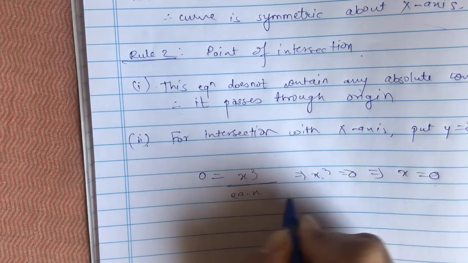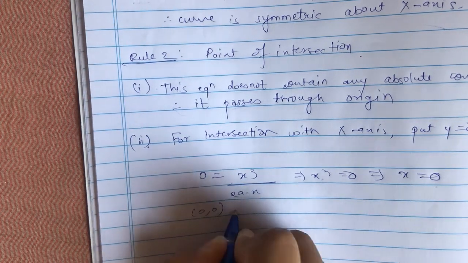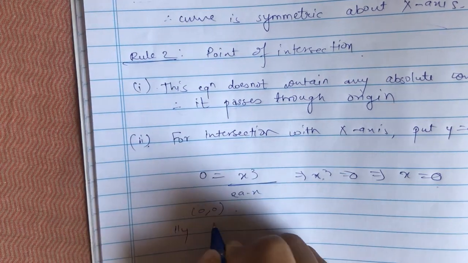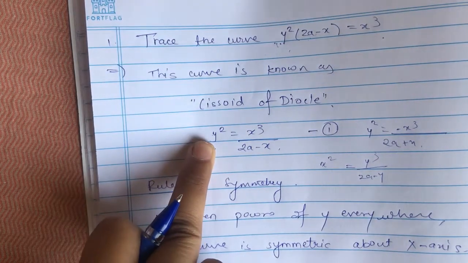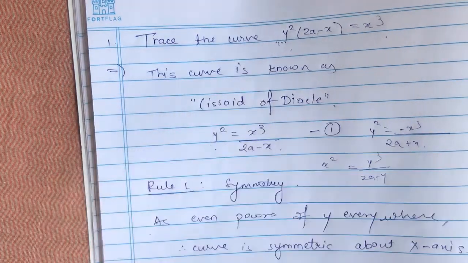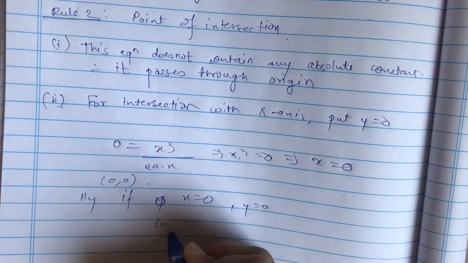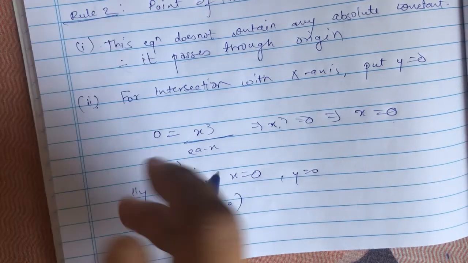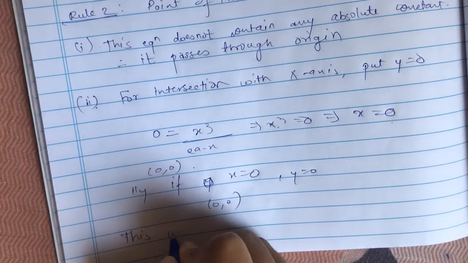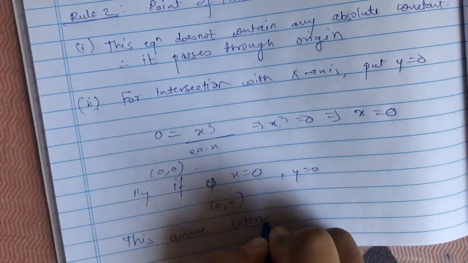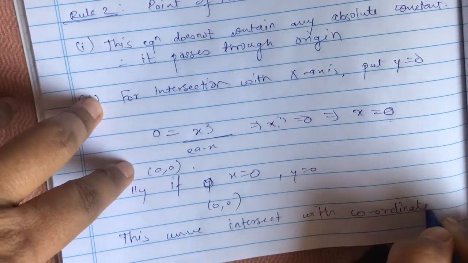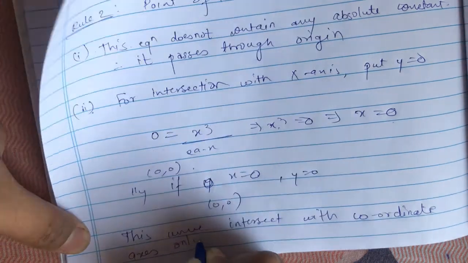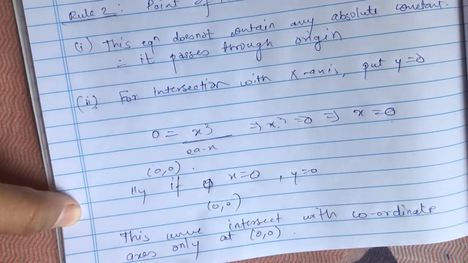Therefore you get 0, 0. Similarly, if you put x equals 0 in the given equation, you get y square equals 0 upon this, so it is 0. So this curve intersects the coordinate axes only at 0, 0.